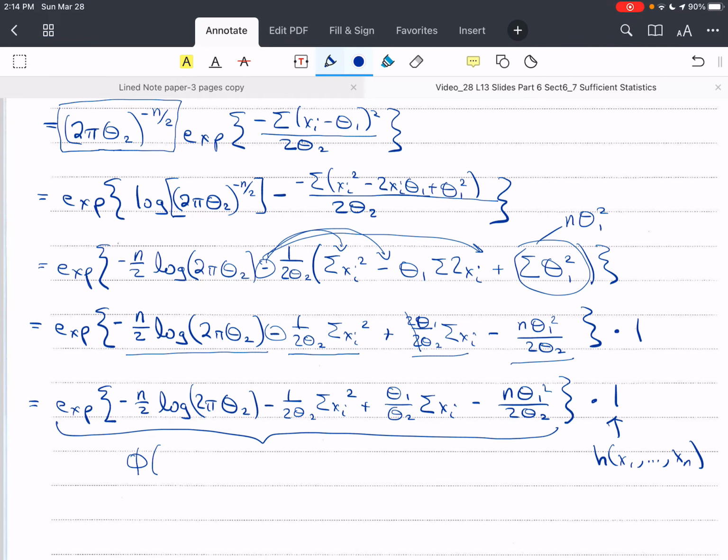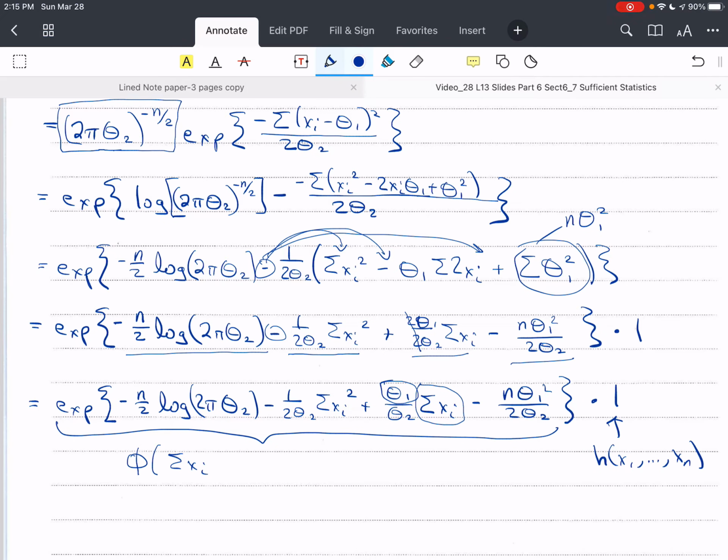And so u1 is going to be what goes with theta 1. So theta 1 goes with the sum of x_i. That is right here. Okay? So this is the only time that we have x and theta 1 together.